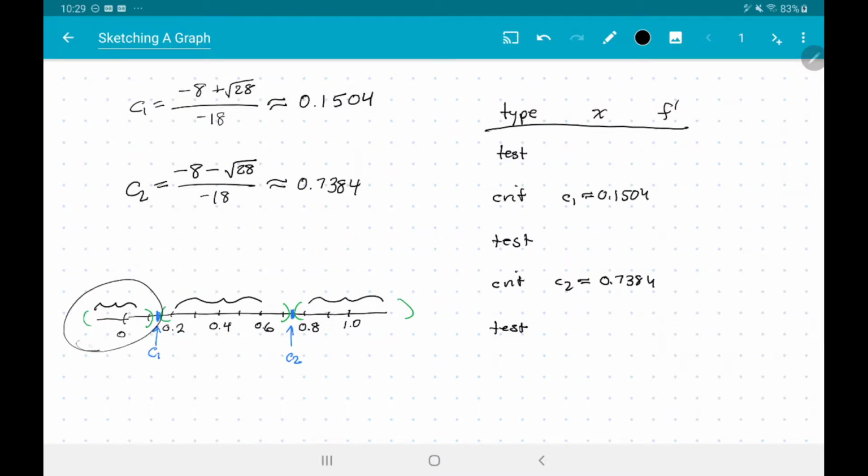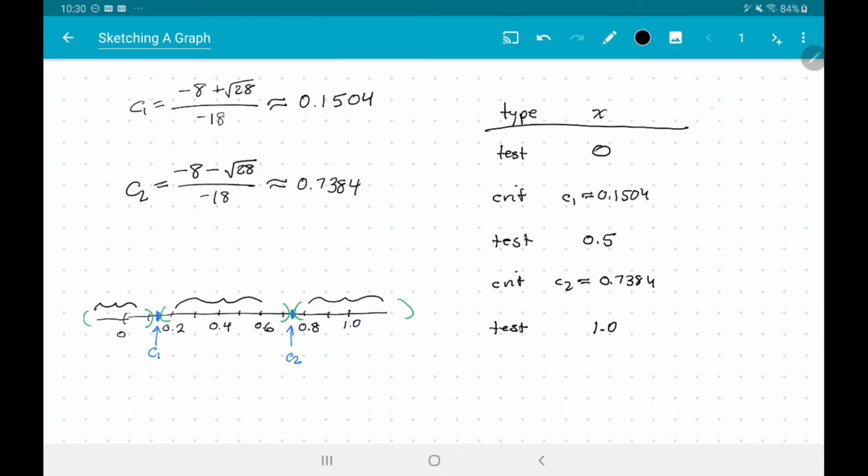In this first interval, I need a test number. Any number in that interval will do. An easy one is to just pick 0. In this interval, I need a test number, and again, any number will do. I'm going to pick 1/2, so 0.5. In this interval, again, I need a test number. Any number will do. How about just plain old 1?